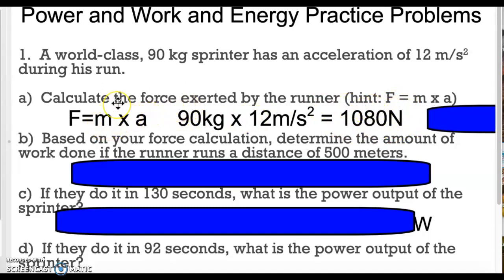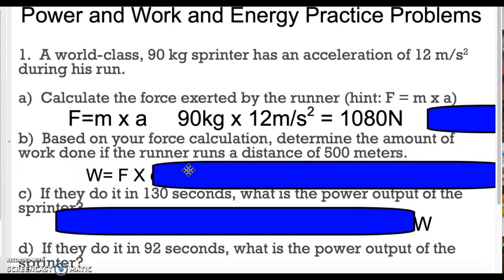Okay, so now that we have a force number, based off of your force calculation, determine the amount of work done if the runner runs a distance of 500 meters. Remember, our work formula is force times distance.